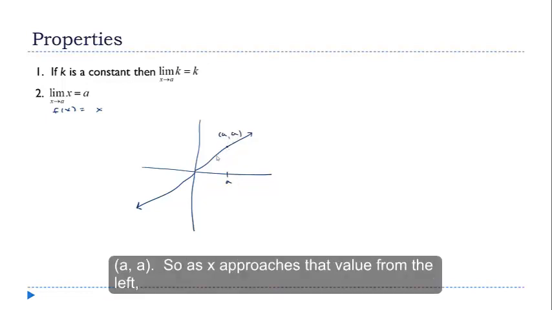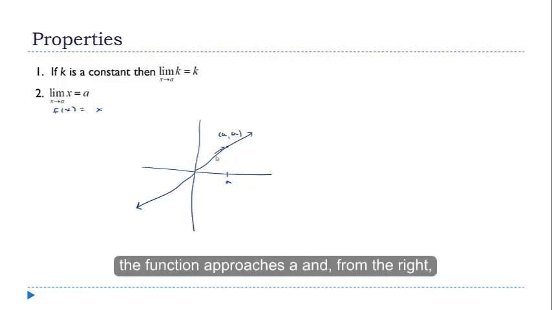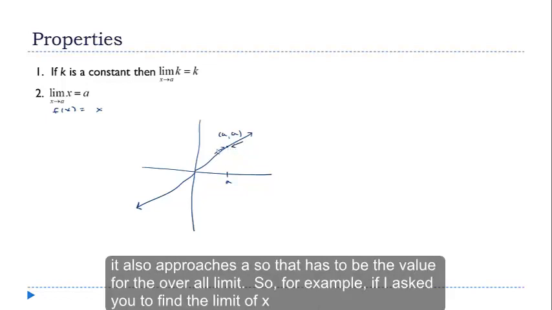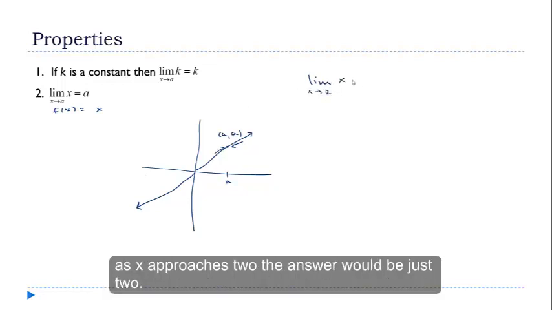So as x approaches that value from the left, the function approaches a, and from the right, it also approaches a. So that has to be the value for the overall limit. So for example, if I asked you to find the limit of x as x approaches 2, the answer would be just 2.